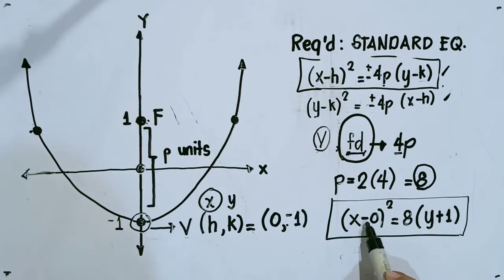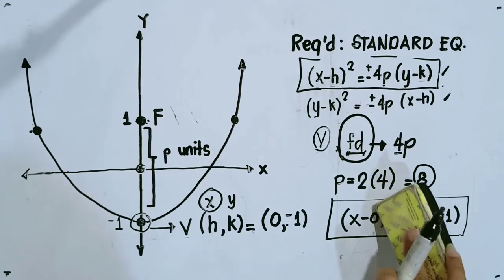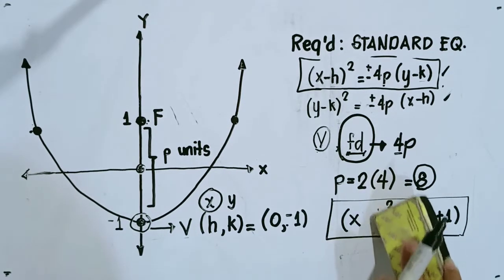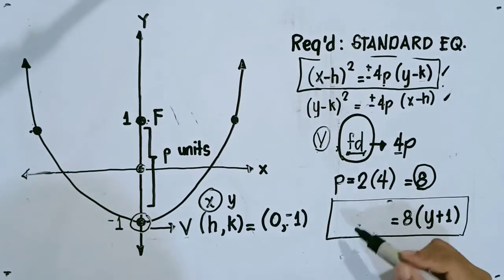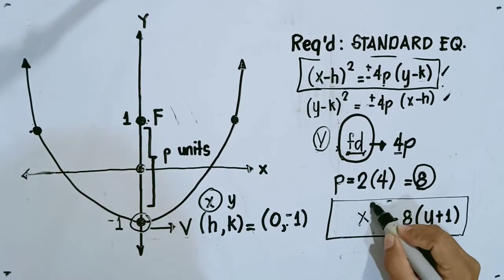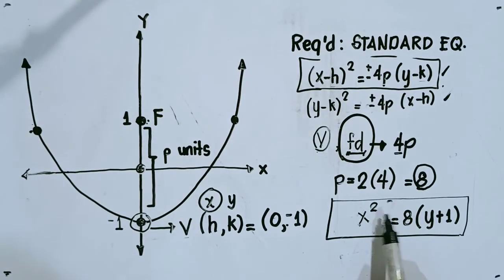Now since our h is 0, we can just eliminate it because it has no value. So we can erase this one, x minus 0. We can have it x squared. So our final answer is x squared is equal to 8 quantity of y plus 1.